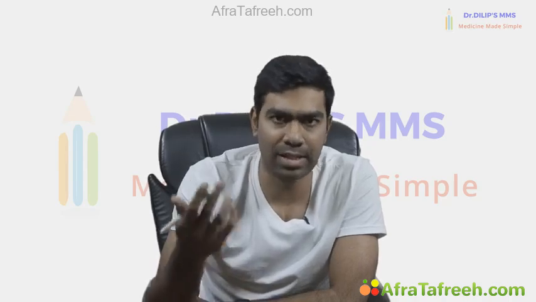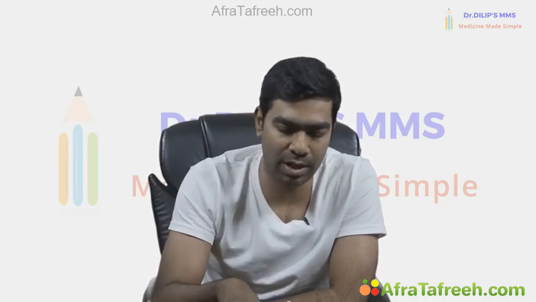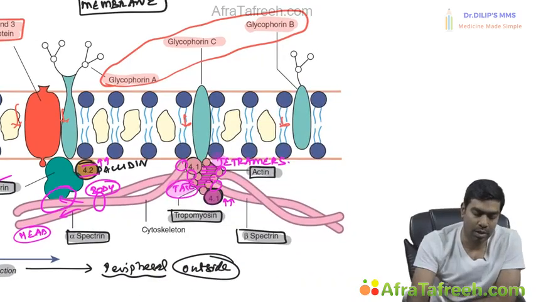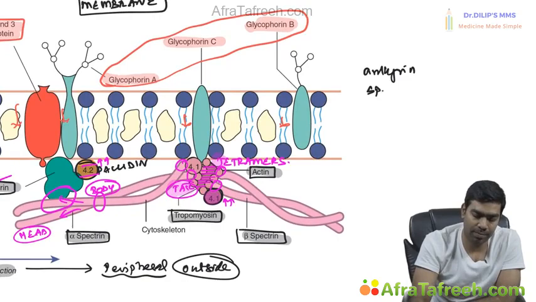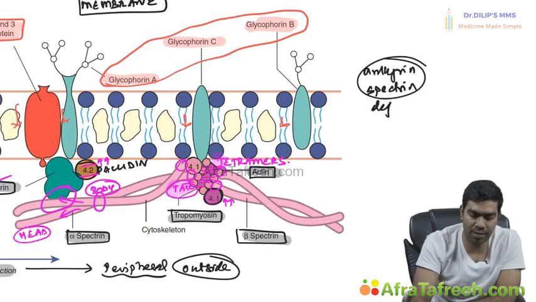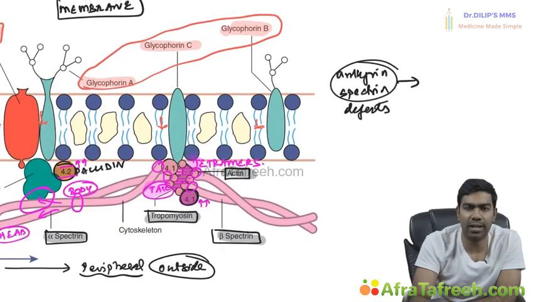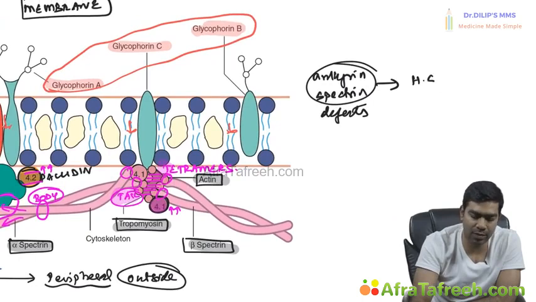So this is the basic structure of the RBC membrane. This is very important understanding, because in the future when you are discussing hereditary spherocytosis, I will be taking ankyrin defect and spectrin defect. Without understanding any of this, it's very difficult to know what I'm talking about in the future. So the basic defects of ankyrin or spectrin, or even band 4.3 proteins and all these things, can result in different shapes of the RBCs, like hereditary spherocytosis and hereditary elliptocytosis.